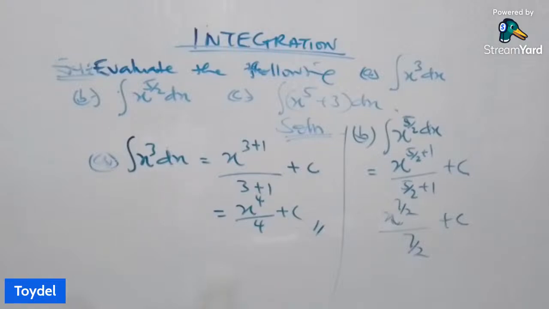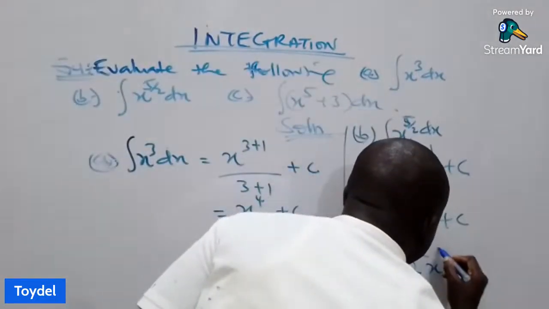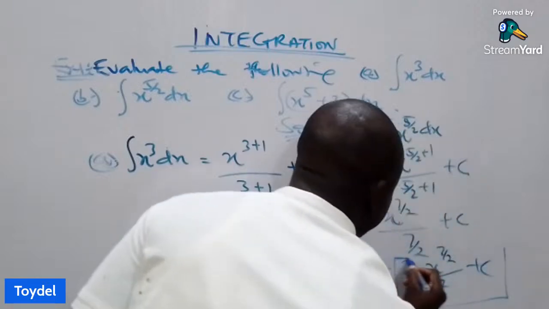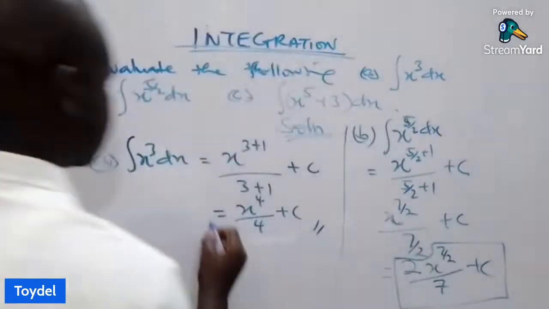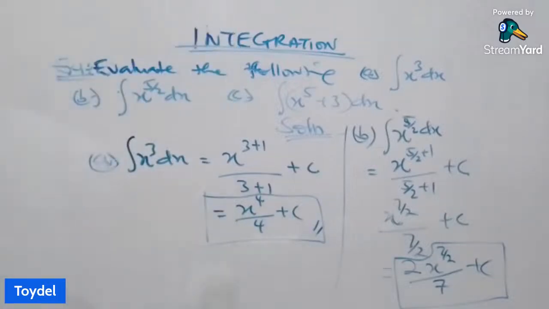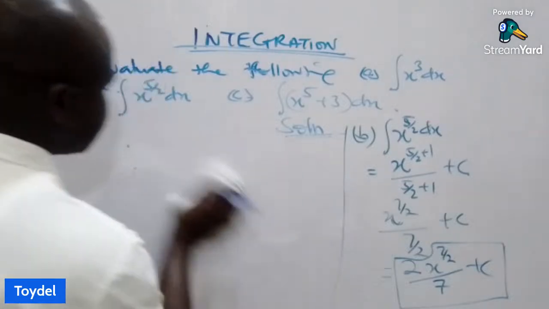If I rewrite that, at the end of the day I'm going to have 2 s raised to the power 7 all over 2, all over 7, plus arbitrary constant as my final answer. That's what we get. So we can go ahead and integrate the third question under example 1.